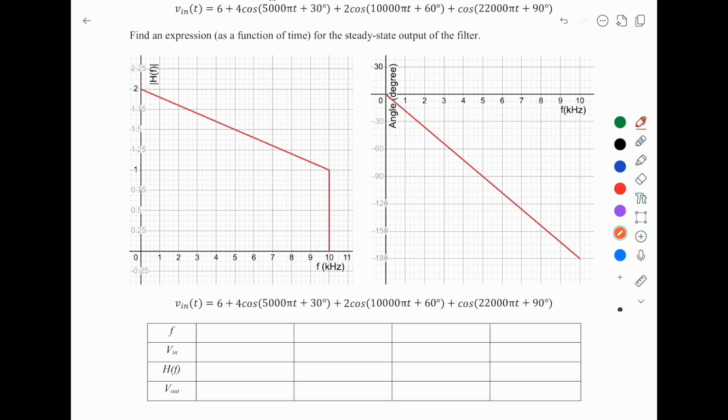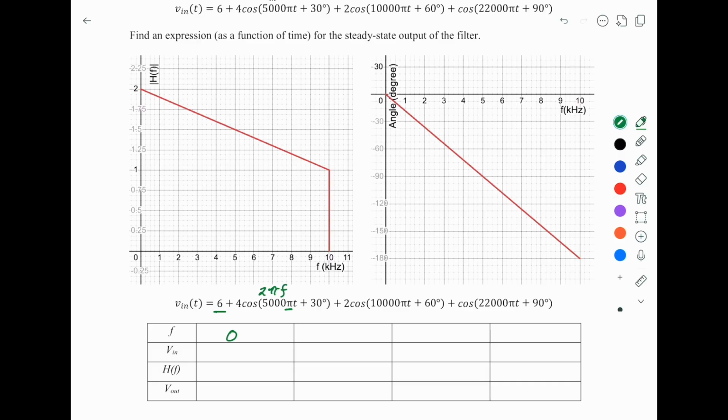In this question, the input signal has 4 terms. The first term is a DC term, and the frequency, of course, equals 0. The second term is a cosine 5000 pi t, because we have a pi when we compare 2 pi f here.